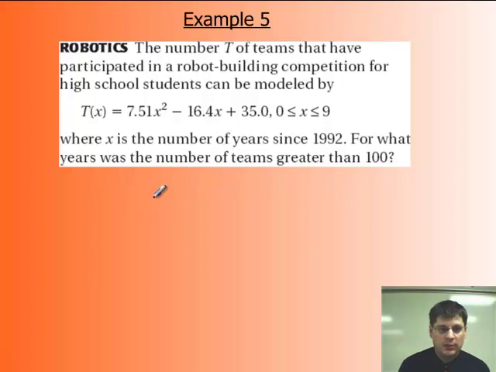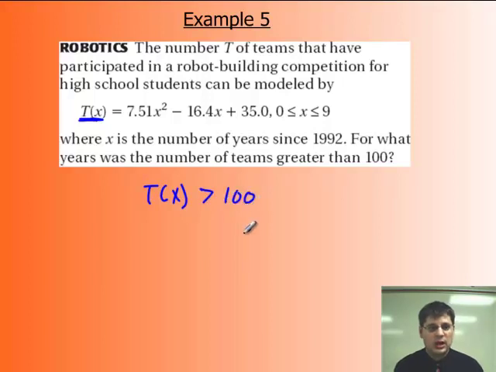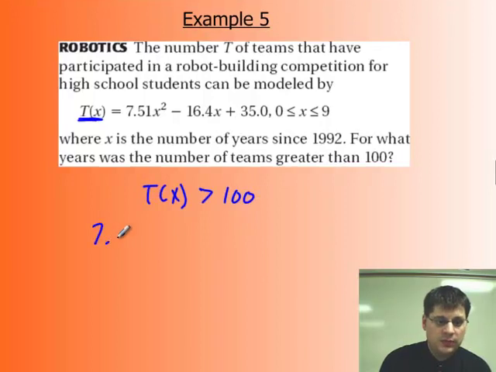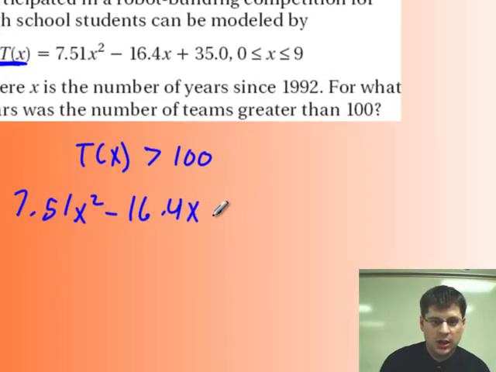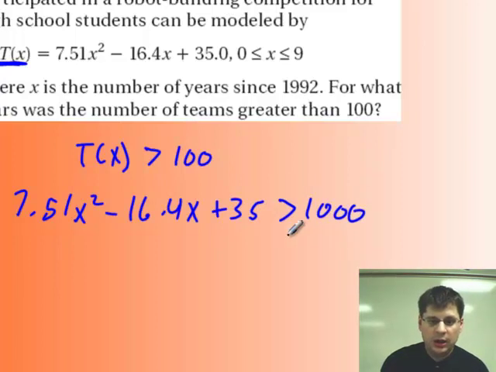When I'm setting up this problem, T of x is equal to the number of teams. So I'm going to say T of x, we want values of that to be greater than 100. T of x is equal to 7.51 x squared minus 16.4 x plus 35, and we want that value to be greater than 100.